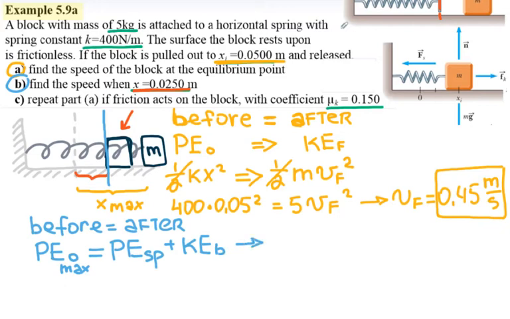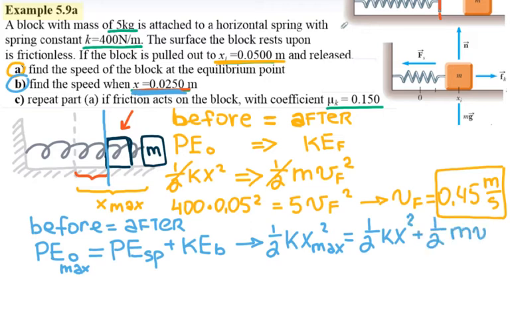Now I'm going to plug in what I know. So I have 1/2 k x maximum squared equals 1/2 k x squared, where this x is the new x, the one that is 0.025 away from equilibrium, plus 1/2 m v squared.